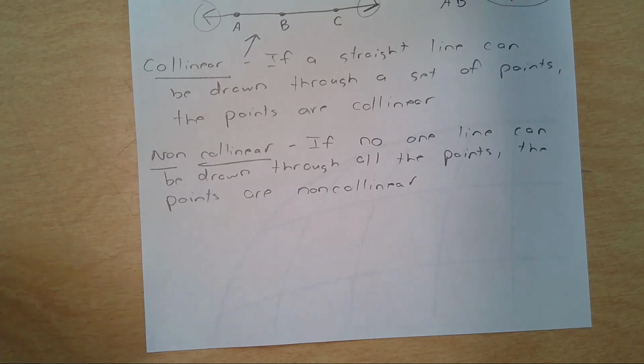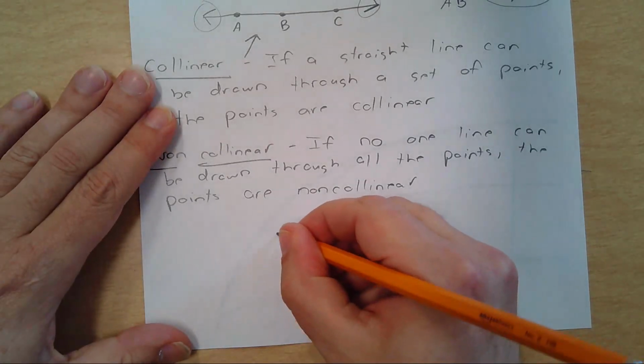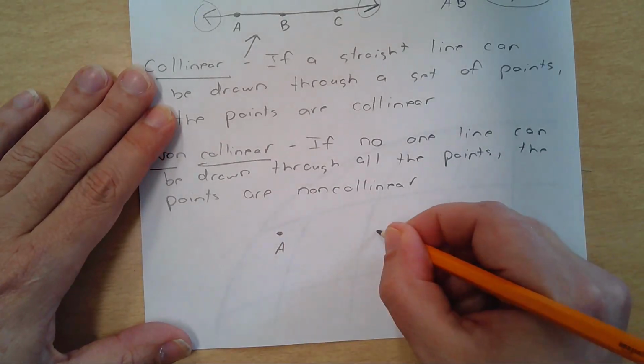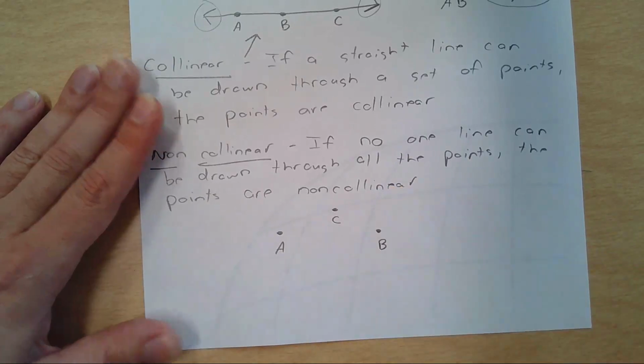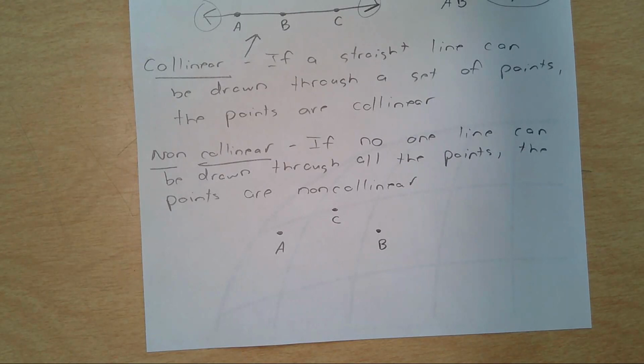So how would this look here? Non-collinear points. So if I had A, B, and C, this would be an example of non-collinear points. Because again, I could draw a line to connect two of the three.